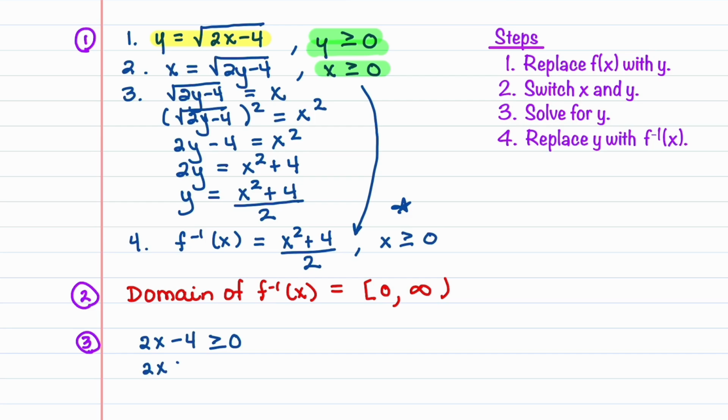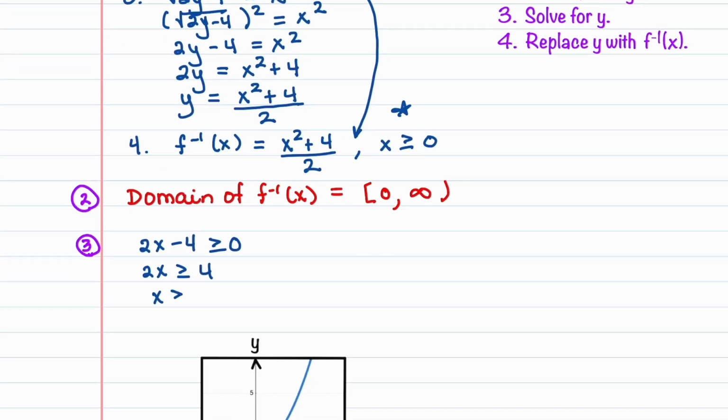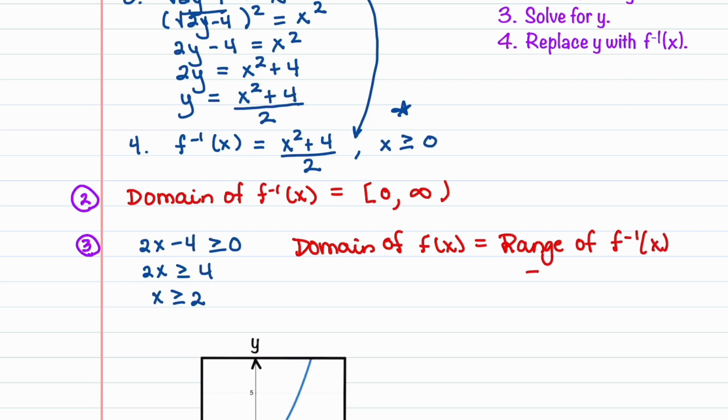We have 2x greater than or equal to 4, which is x is greater than or equal to 2. So we can say that our domain of f of x, which is our range of f inverse of x, is all numbers 2 to infinity.